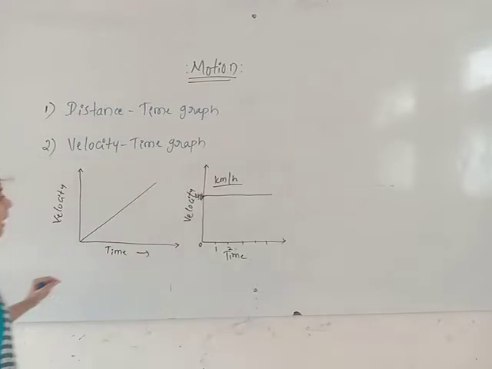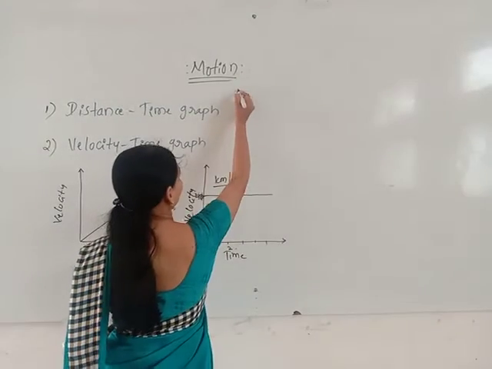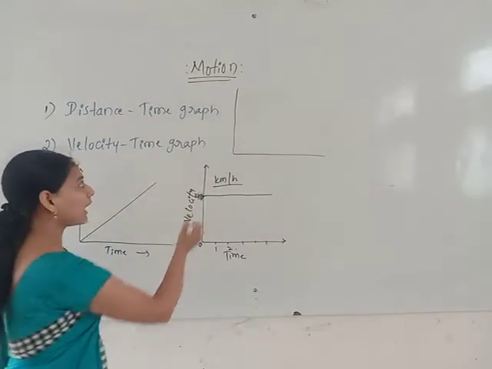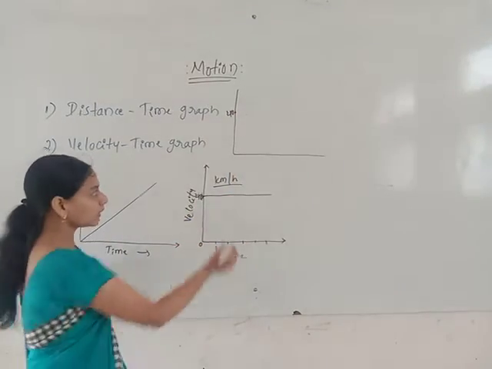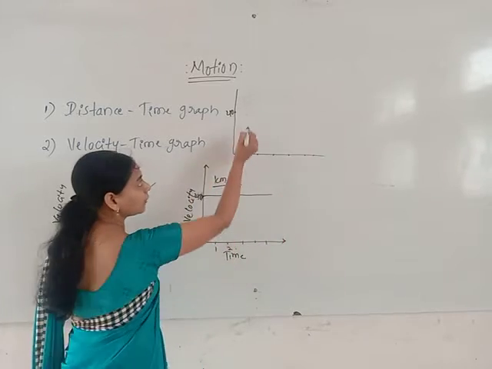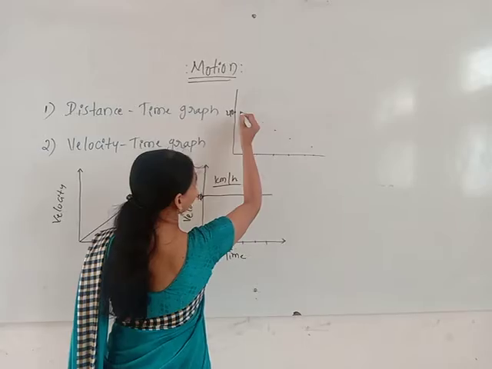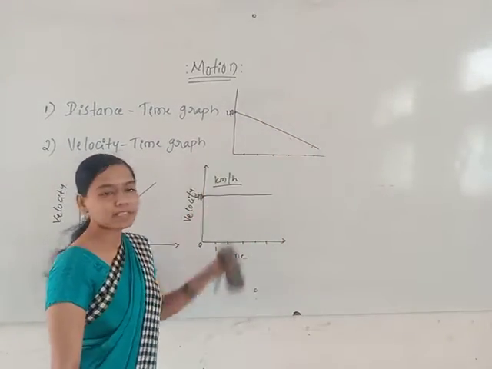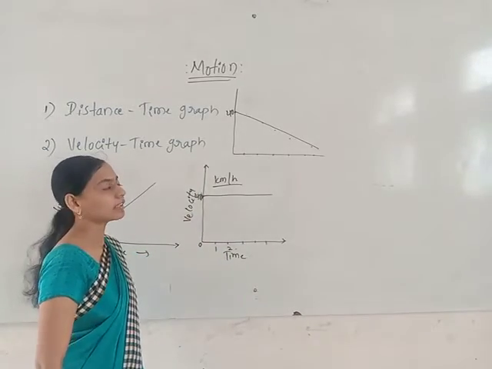And another graph we discussed. If your car is at 40 kilometers per hour, but whenever you travel a long distance, it comes down. This is called negative acceleration. Negative acceleration is also called retardation.